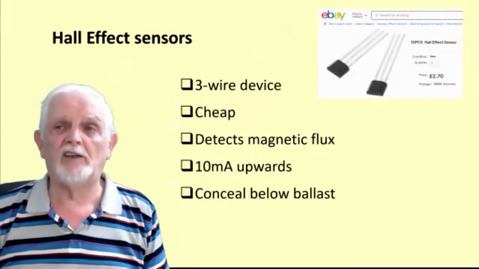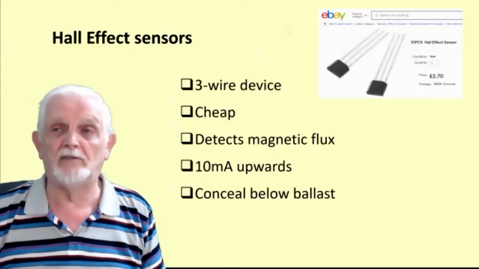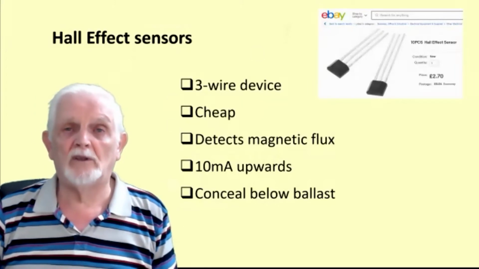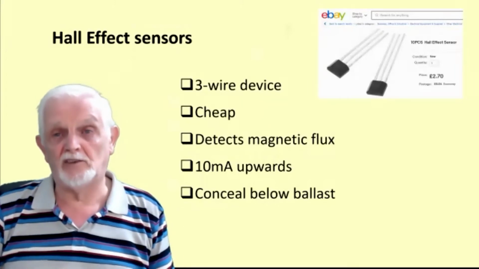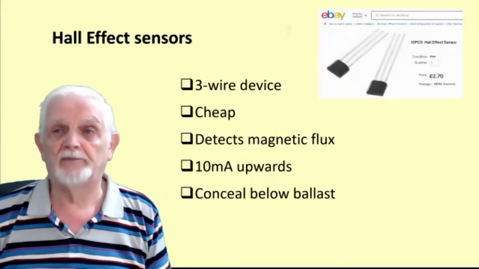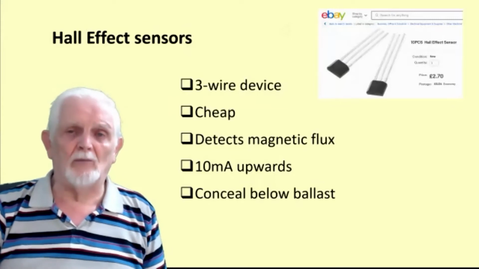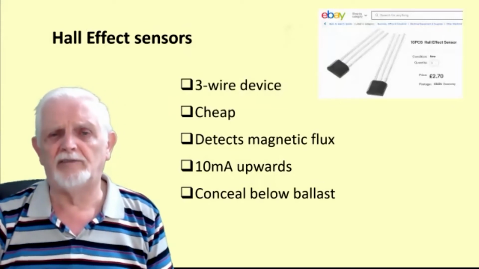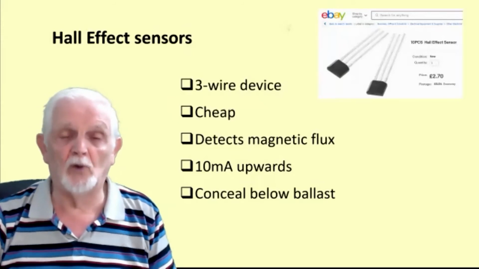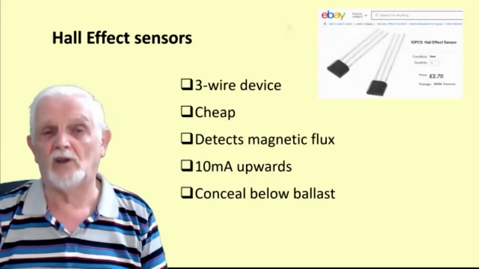The 3-wire devices, again, very cheap, 27 pence each currently. Like a reed switch, it needs a magnet to operate it. It's detecting magnetic flux. It won't switch things by itself, generally, although it can, as long as it's low current, because it's quite a low current output.